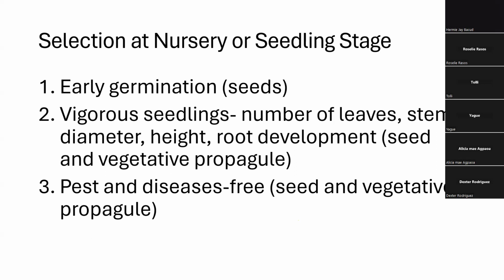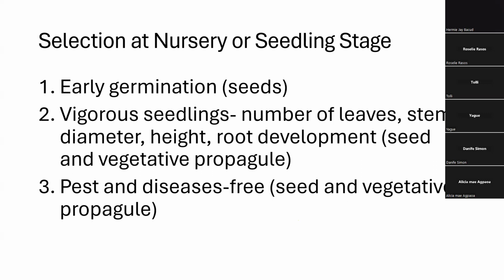Then of course, we must also consider the vigor of the seedlings. Vigor meaning strong yung ating seedlings and at the same time, healthy. Then third factor, free from pests and diseases, both for seed and vegetative propagules.